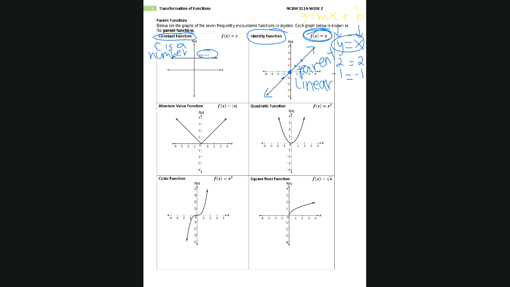F of x equals a number, or y equals a number. Let's pretend that this number here is a 3. Then our equation will be something like y equals 3. In this case, it doesn't matter what our x value is. It could be negative, it could be 0, it could be positive. The y value will always be 3.